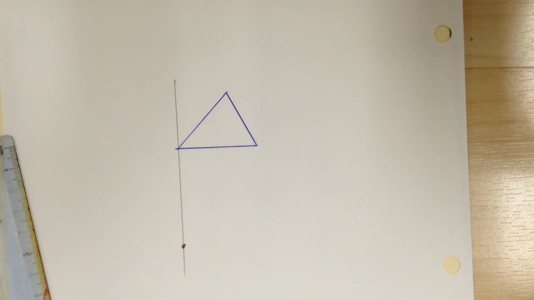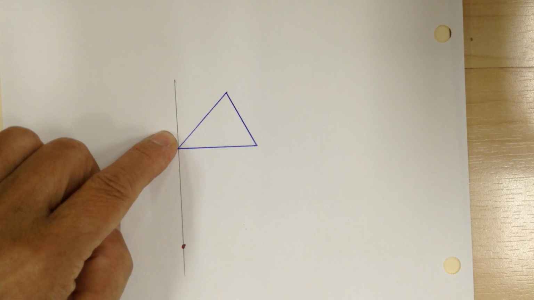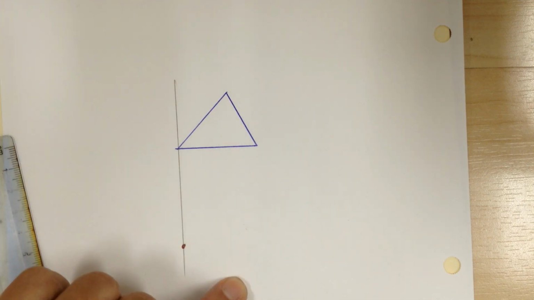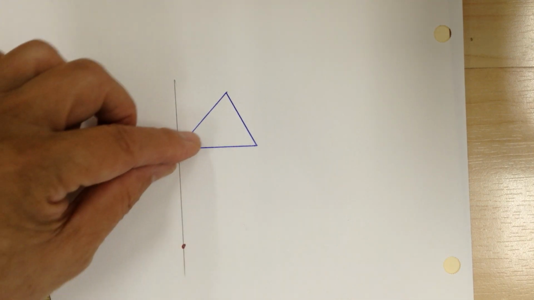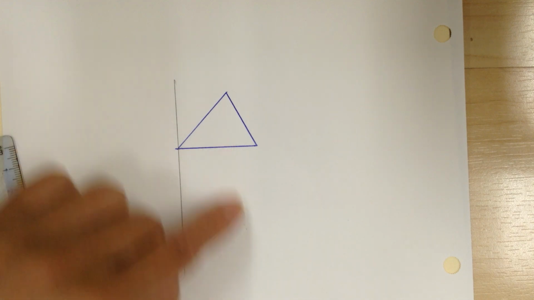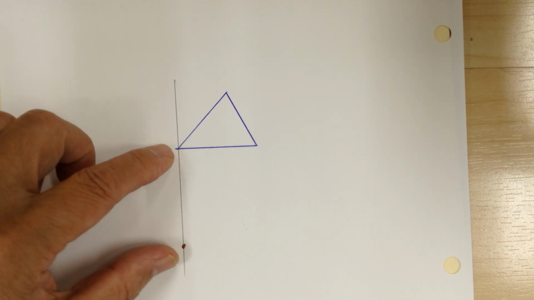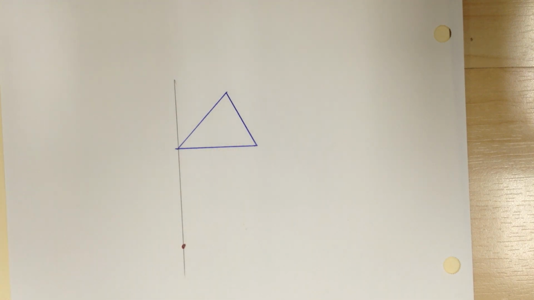So what you need to do is, once you have this point, you want to slide everything down. So first you want to slide this length. To slide this length, you have to copy first. Let's go and copy the distance.